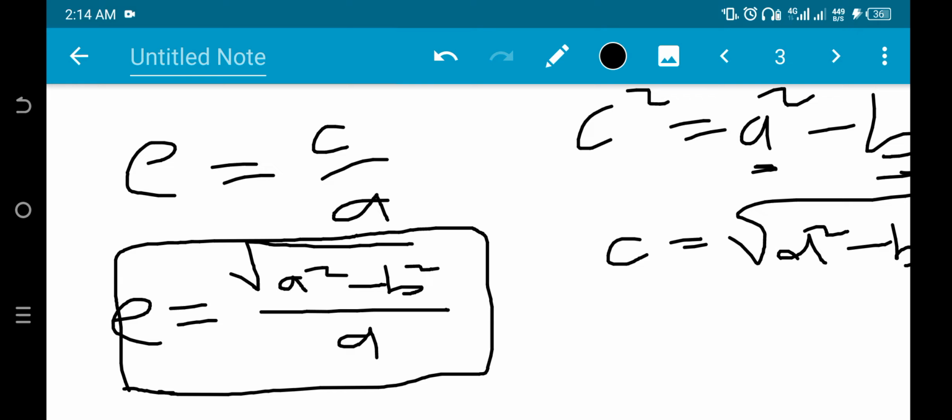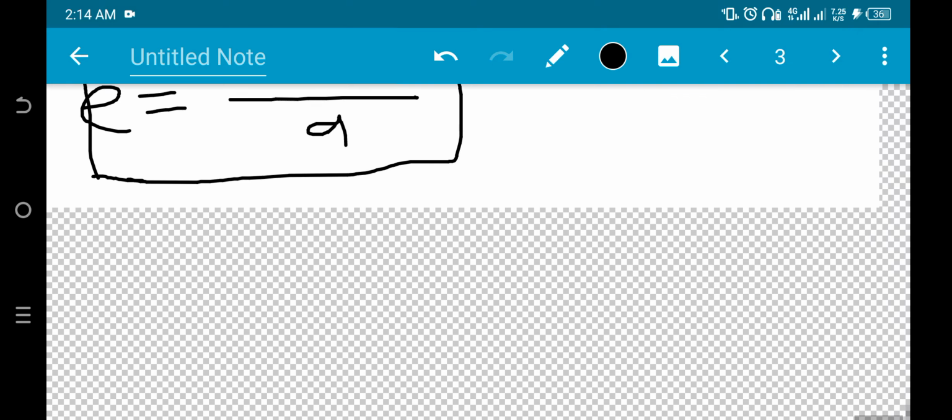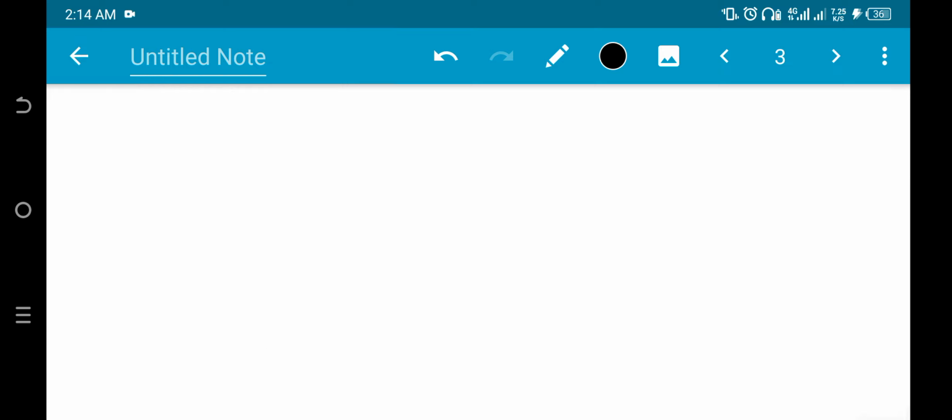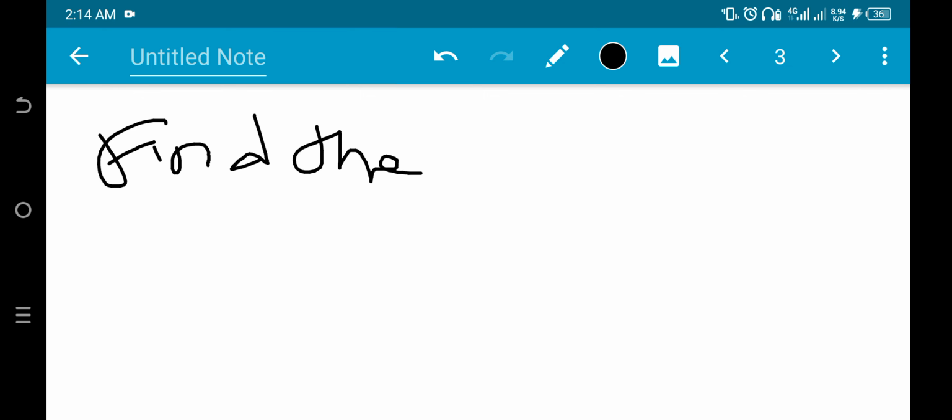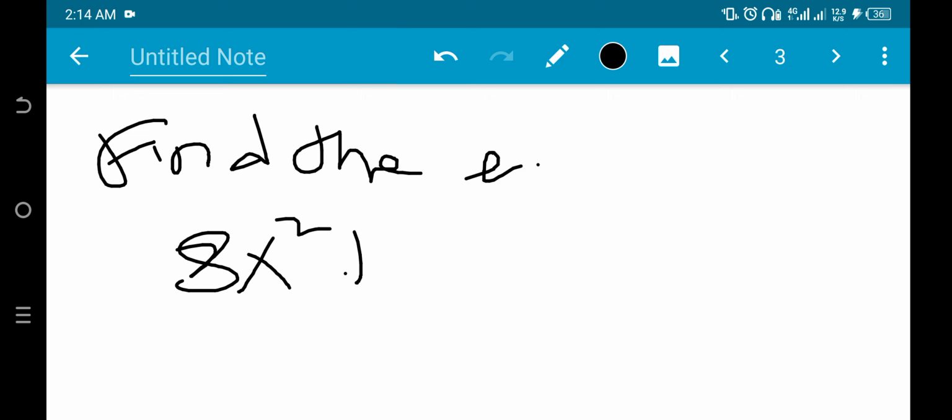As the following question which I'm going to give you. So the first question we are going to look at is, they can say that you need to find the eccentricity, which I'll just represent with e, of 8x squared plus 9y squared equal to 18.